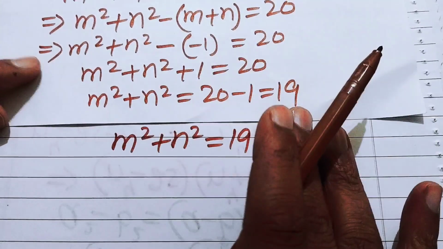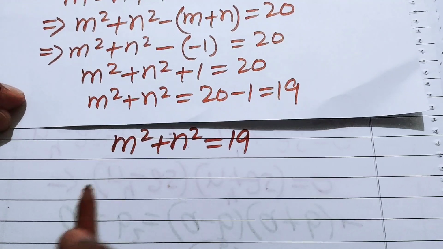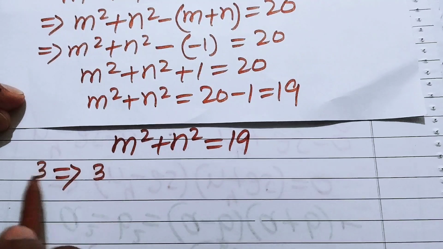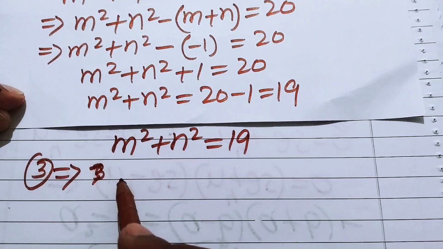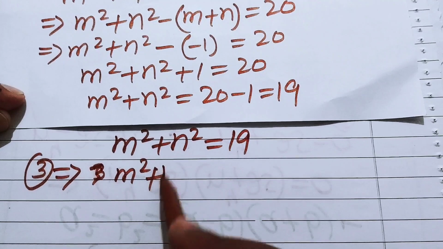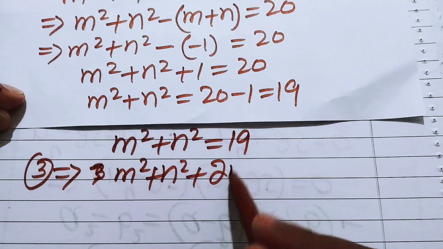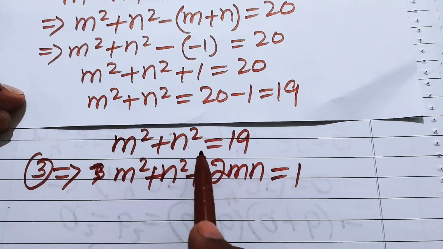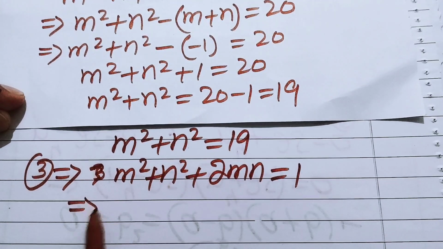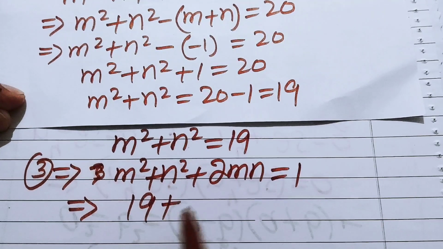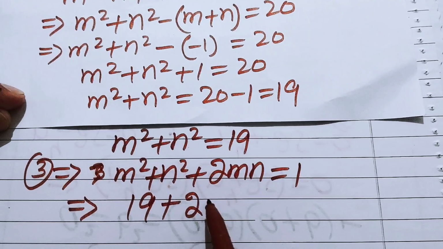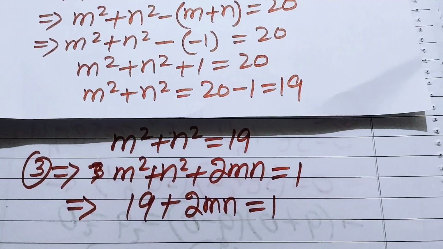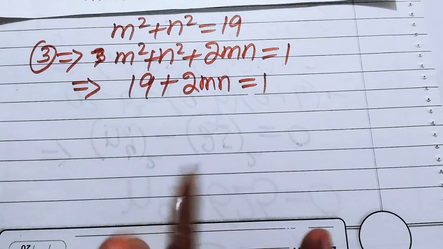Now we put the value of m square plus n square here, and you get 19 plus 2 times of m times of n equals to 1.